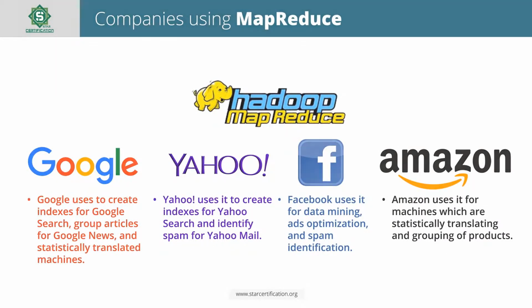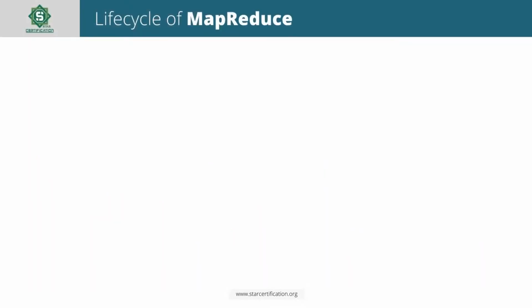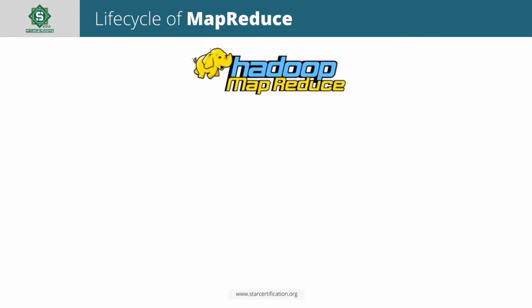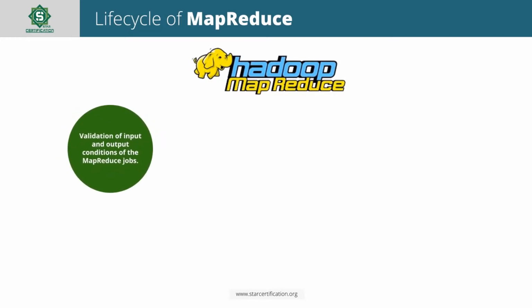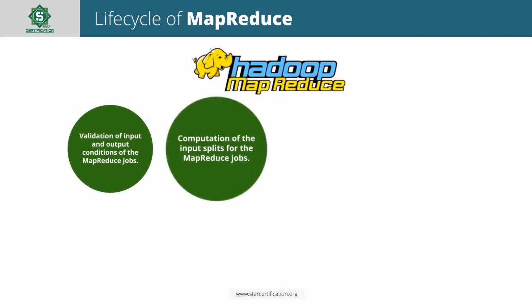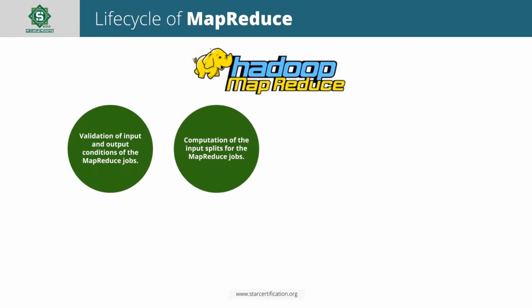Lifecycle of MapReduce. The steps in the lifecycle of MapReduce are: first, input and output conditions of the MapReduce job are validated. Next, the input splits for the MapReduce job are computed.